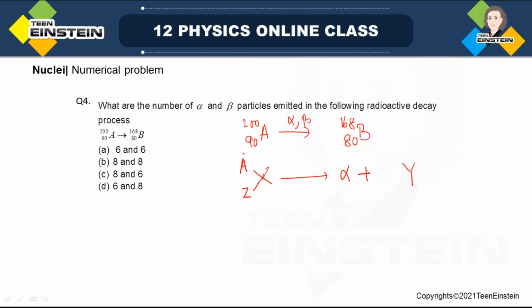So what happens to this mass number and what happens to this atomic number, that you have to understand.